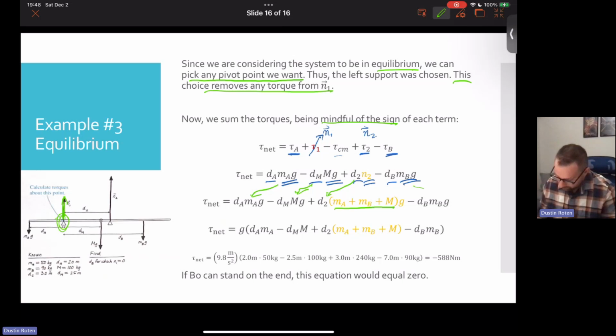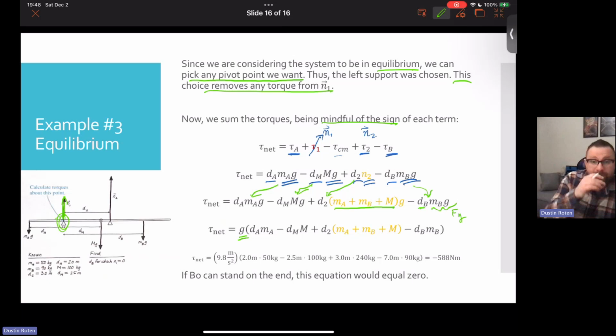And then again, we have this term coming down where we have the length of the moment arm, and then just the force due to gravity. Now I'm going to go down one more step and pull out g because they all have a g term in them. Okay, so I pulled that out, and now we should be good to go.